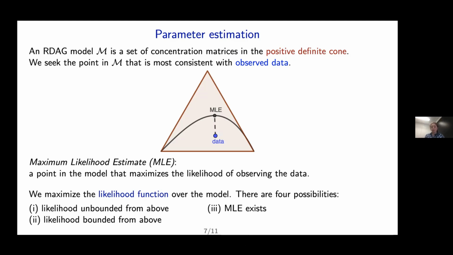And then this is the existence of an MLE. And then a possible even better situation that we could hope for is that the MLE doesn't just exist, but exists uniquely. Okay, so here are our 4 possibilities for things that could go well or go badly as we maximize the likelihood function.